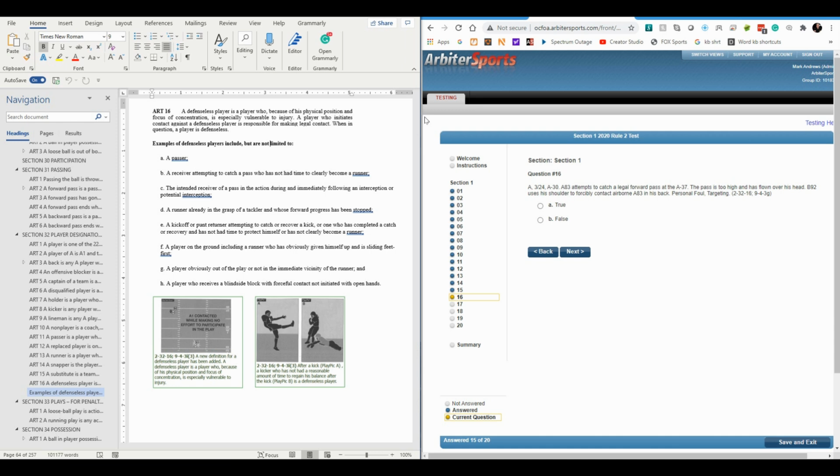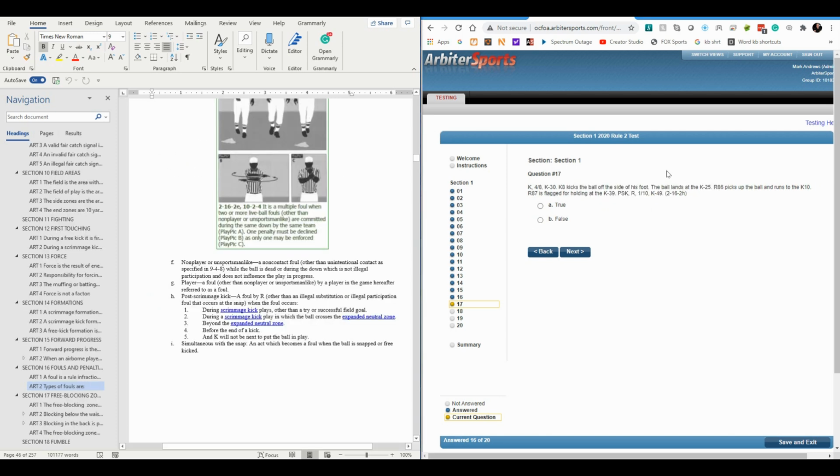He has missed the pass, but he's still in the act of catching, hasn't had time to regain his feet. So this foul is a foul for excessive contact on a defenseless player, but it is not targeting, so the answer is false.